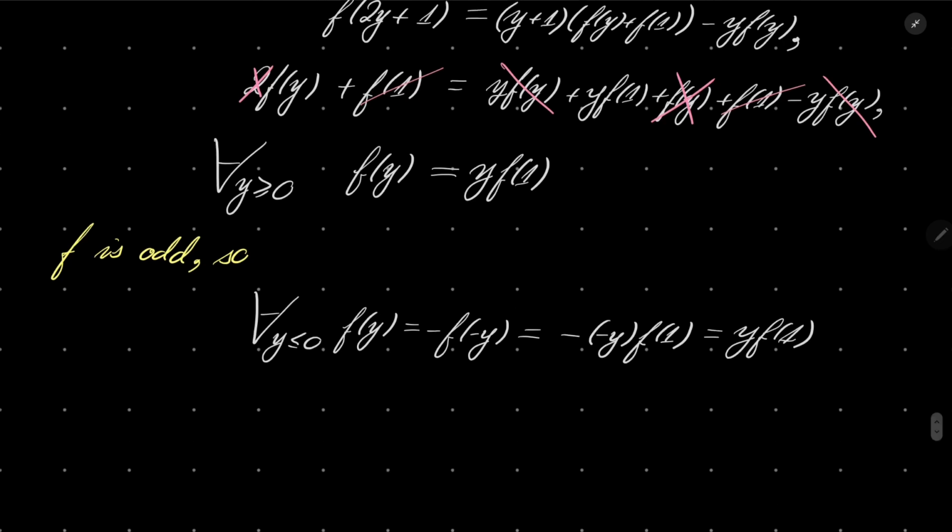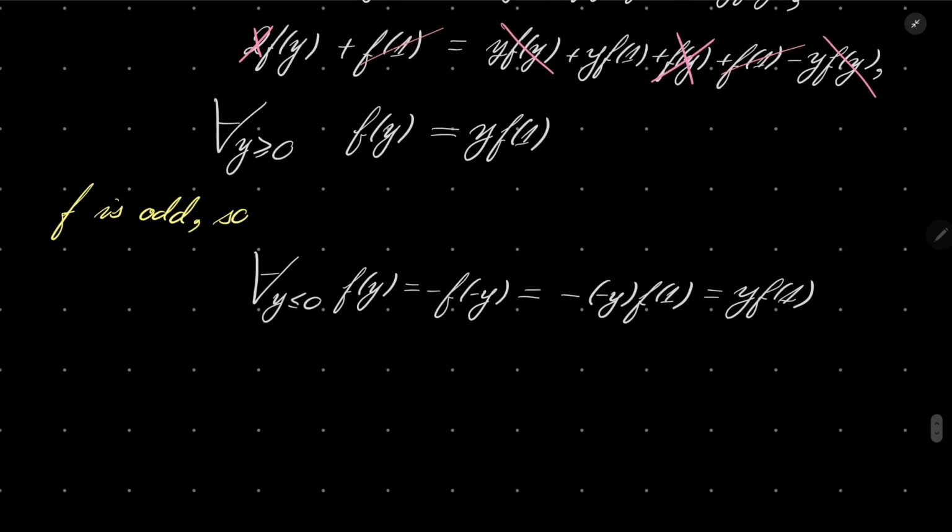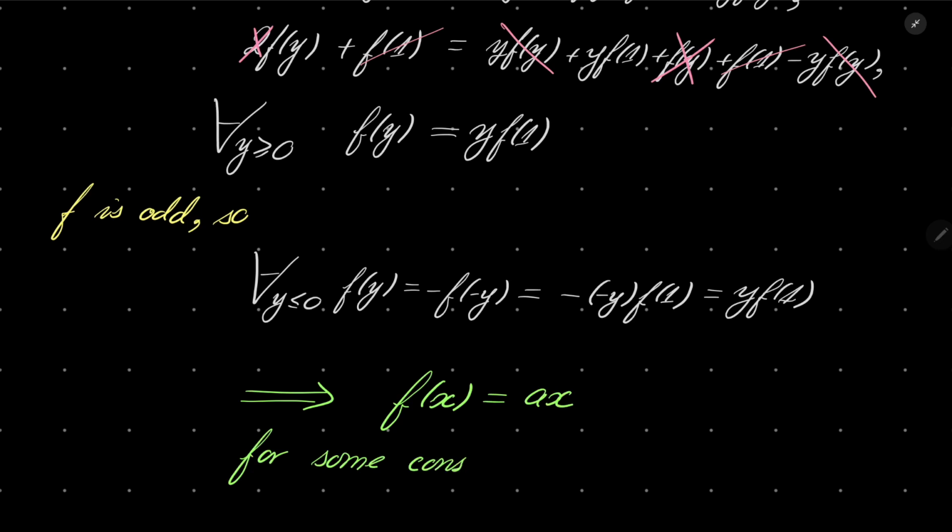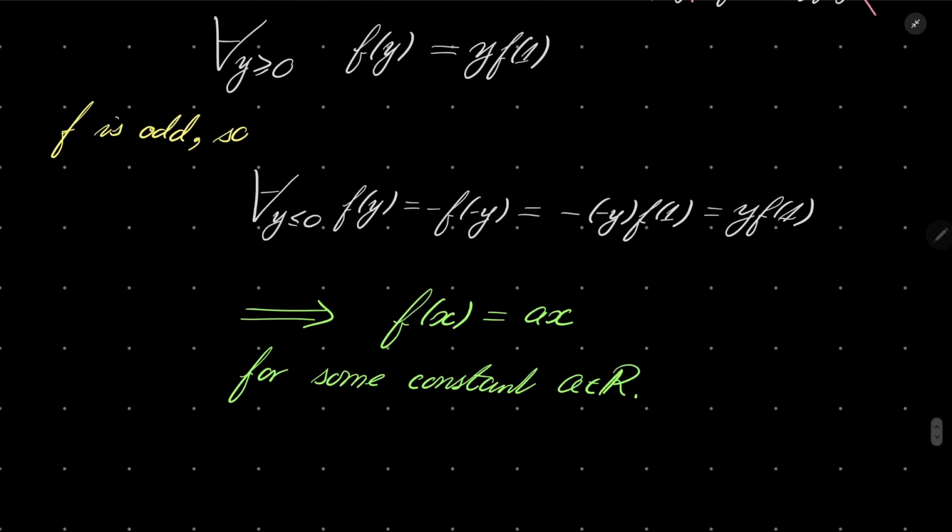In other words, our function is linear. So f of x equals a times x, for some constant a.